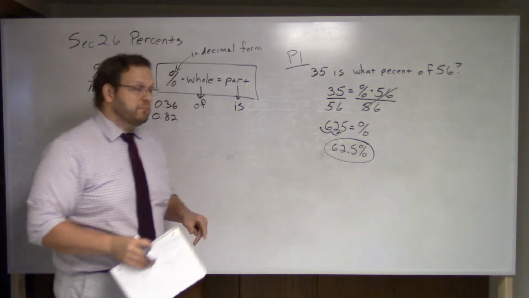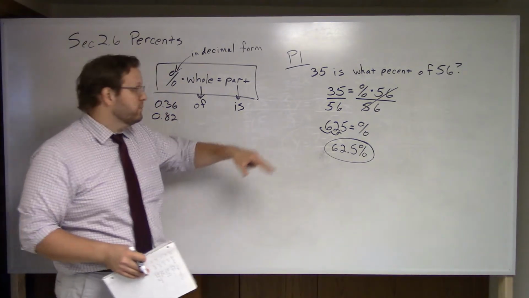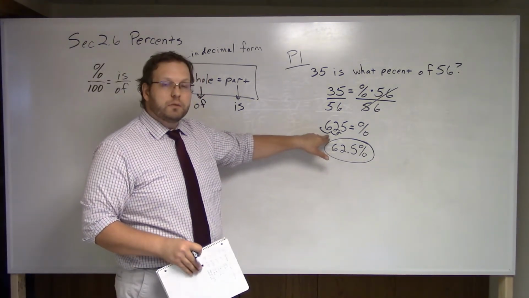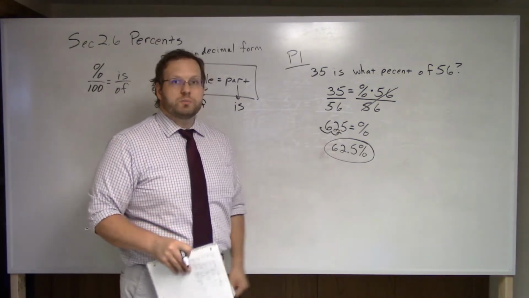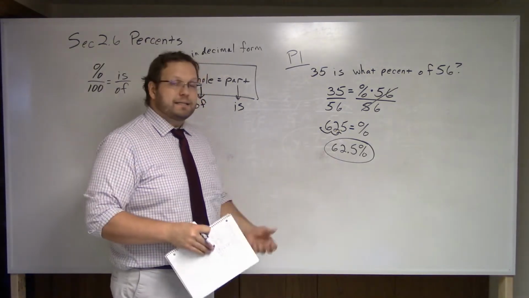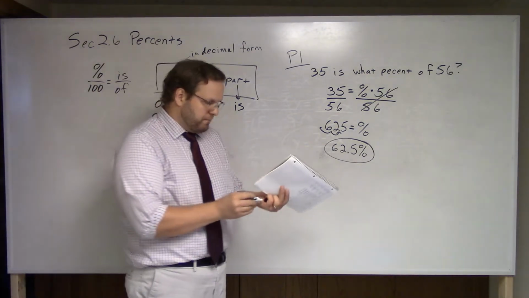That's what I mean by when it comes out of that formula, it's in decimal form. To get it in percentage form, I'm moving that back 2 spots. And it's as simple as that. Let's look at one more.